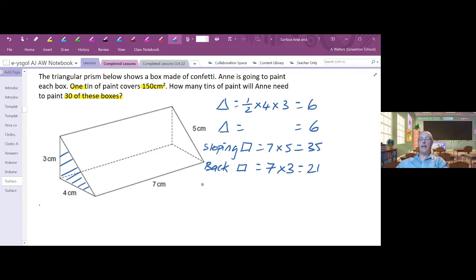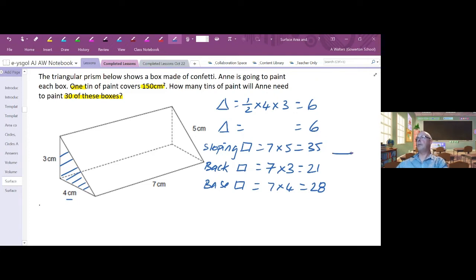And then we've got the base, right? The base is also a rectangle, and it's 7 across, and it goes back 4. So it's 7 times 4. So I've got 3 rectangles, all of different sizes, and 2 triangles which are the same.